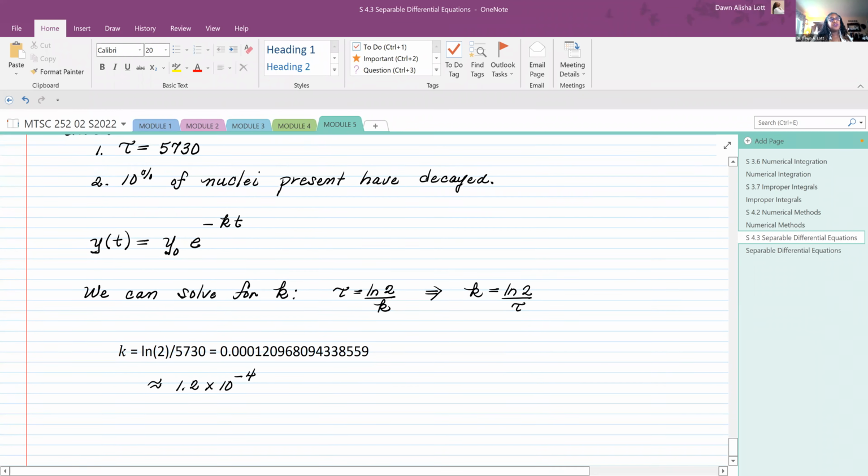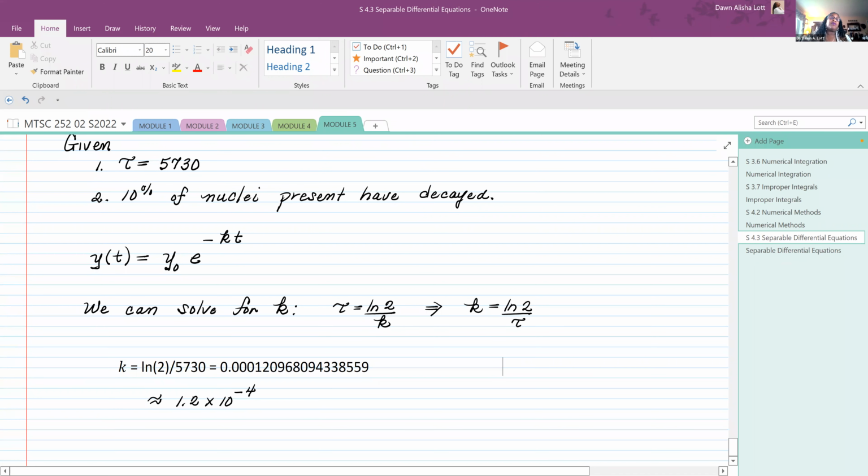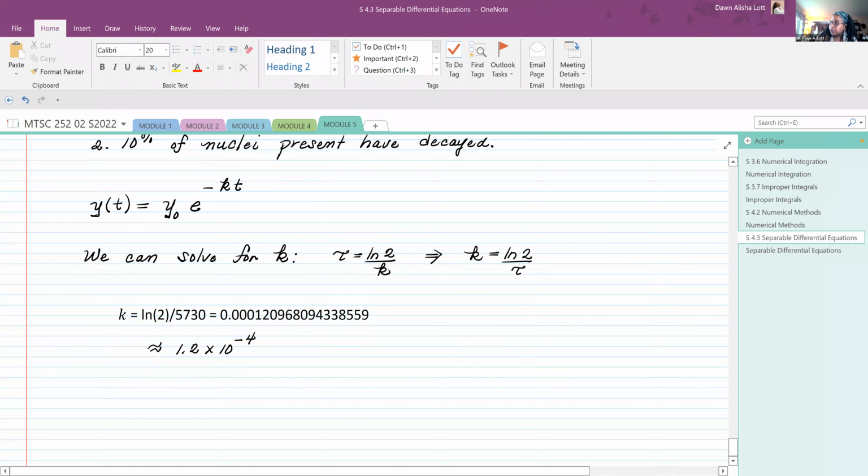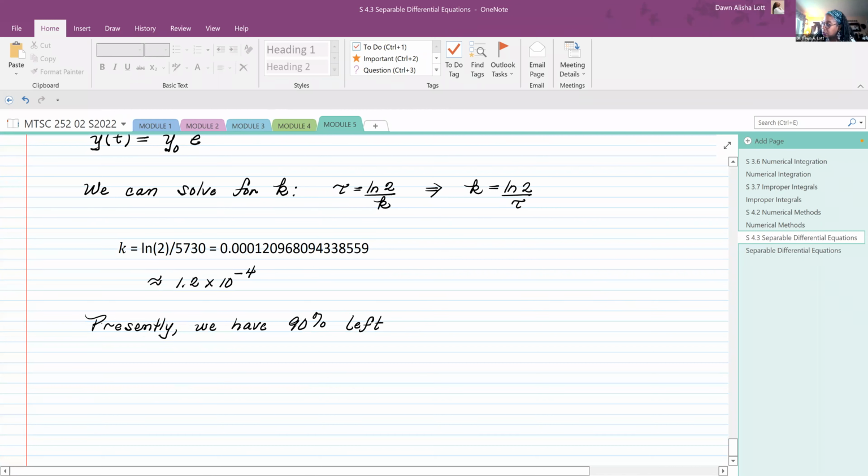So if 10% of the nuclei have decayed, that means presently we have 90% still left. So we need to know what that T is.